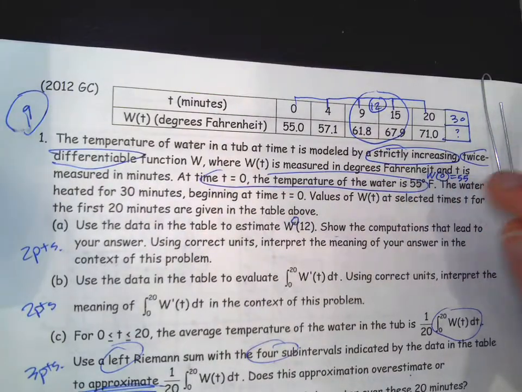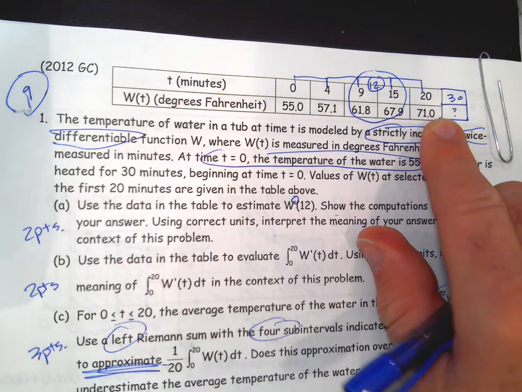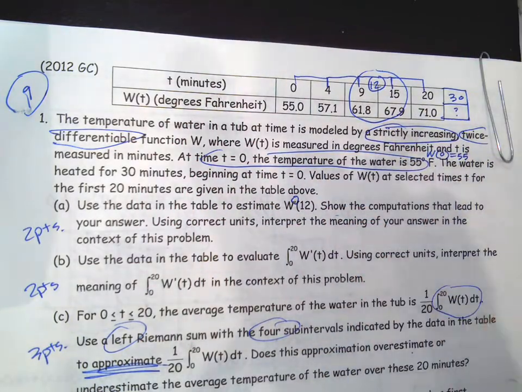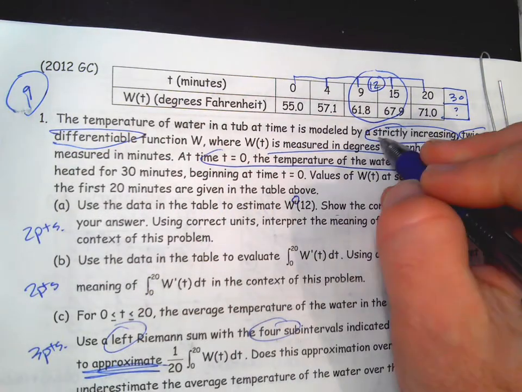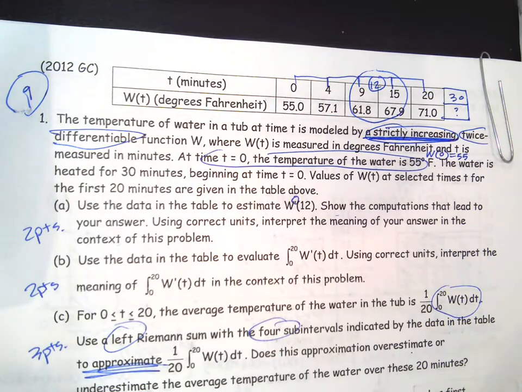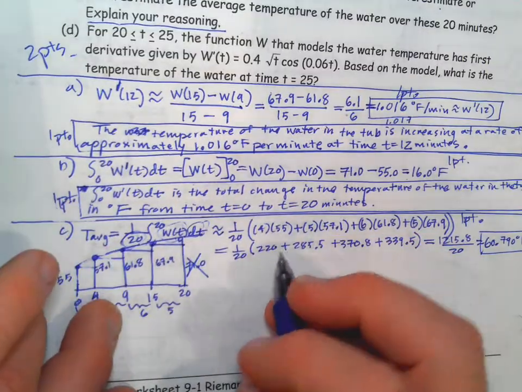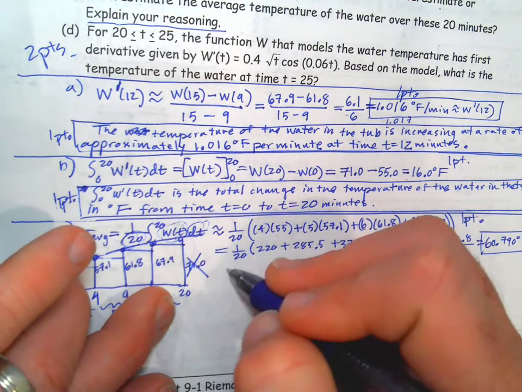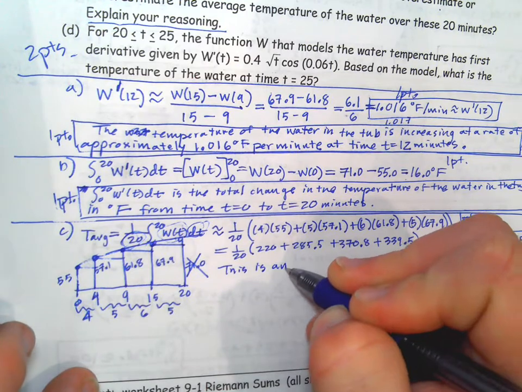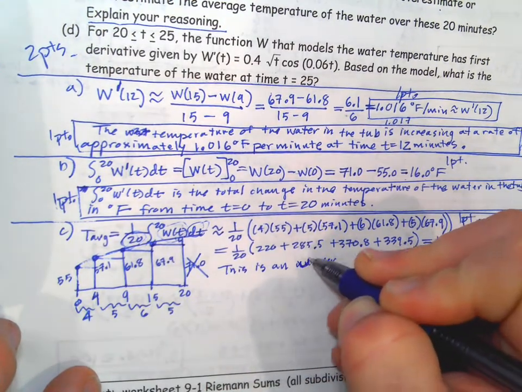Now, if you're going to say because it's increasing, just because this graph is going up all the time doesn't mean it's increasing in between. You can't assume that. The only reason we know for sure it's increasing the whole time is because they told us right there. They told us. So we need to mention that. So we're going to say this is an underestimate.